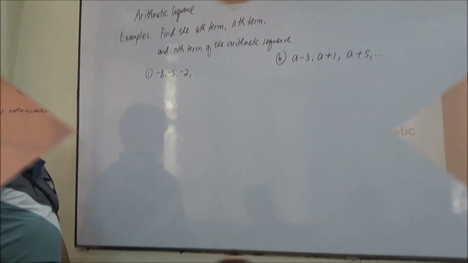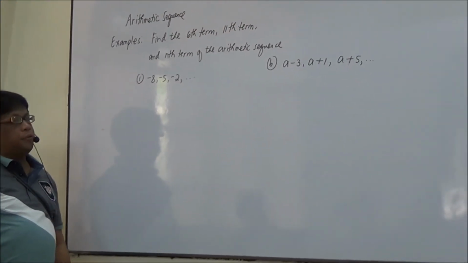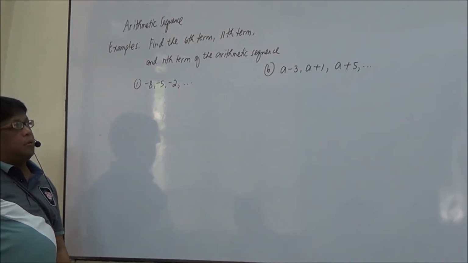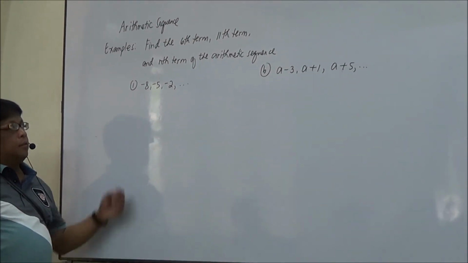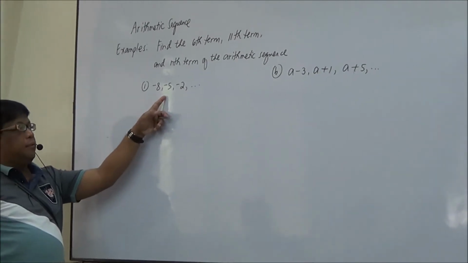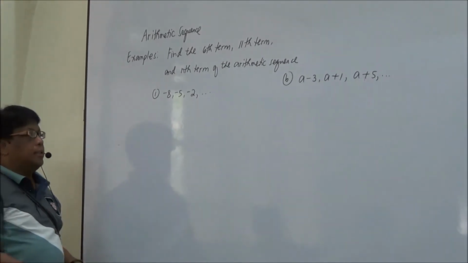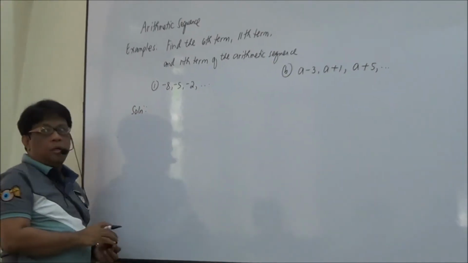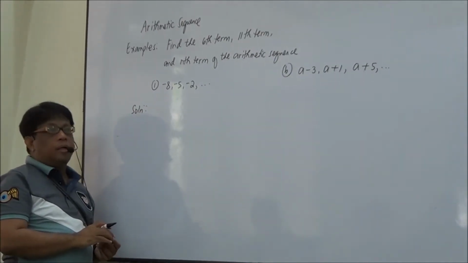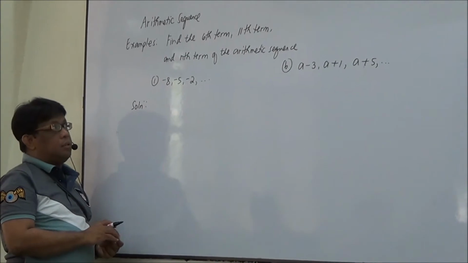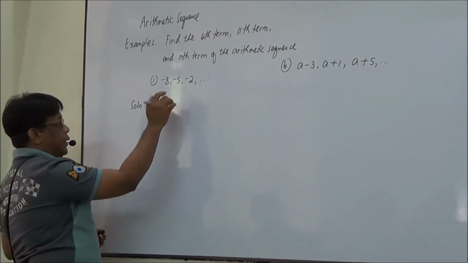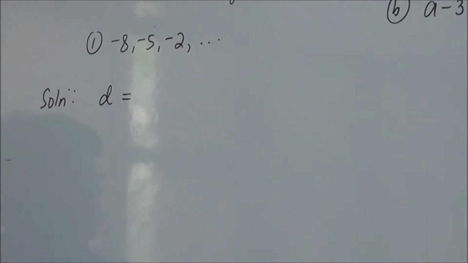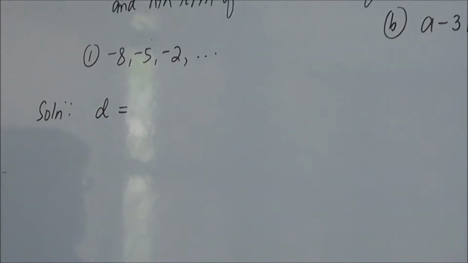Now for the arithmetic sequence, we're going to find the 6th term, 11th term, and nth term of the arithmetic sequence. We have the first one: negative 8, negative 5, negative 2, and so on. We will start by defining the common difference of the successive terms in the sequence.